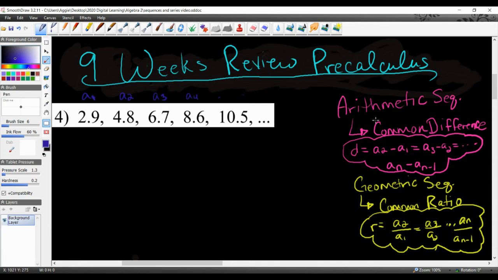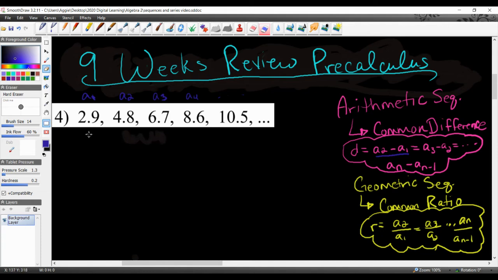When you're looking for an arithmetic sequence, you want to subtract the second term minus the first term, and that should give you a number. If it is an arithmetic sequence, then if you keep going, third term minus second term should be the exact same number you got for A2 minus A1.